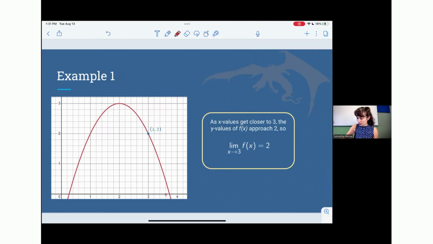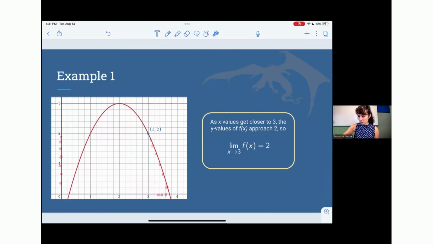Then I look at the respective y values, what my y values are doing over time. That's the height of these points that I'm seeing. The y values seem to be getting closer and closer to 2. So I start with x values, I look at the points on the graph and at the pattern the y values are following. As my x values get closer to 3, my y values are getting closer to 2.